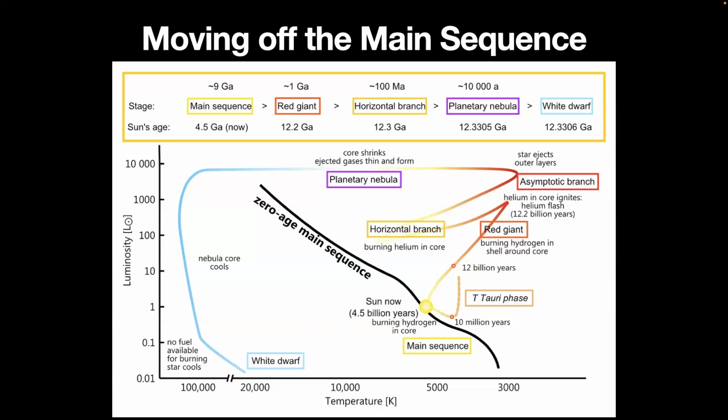So the star slowly starts to collapse, but this collapse in turn heats up the core. At this point, the star is moving off the main sequence and into the red giant phase. So you have a low mass star on the main sequence. It is starting to move this direction to become a red giant.